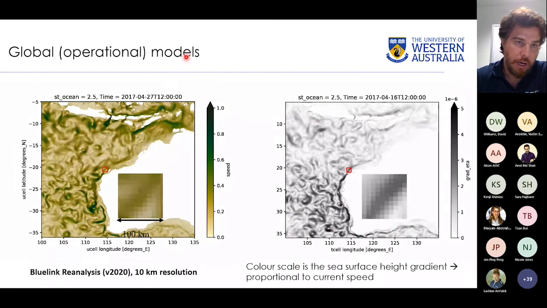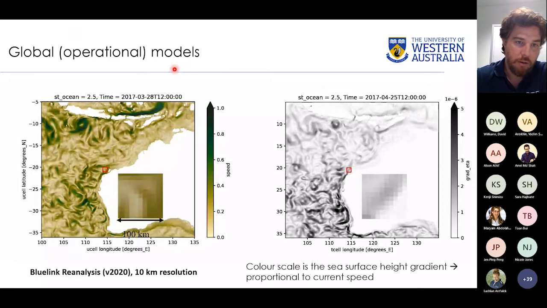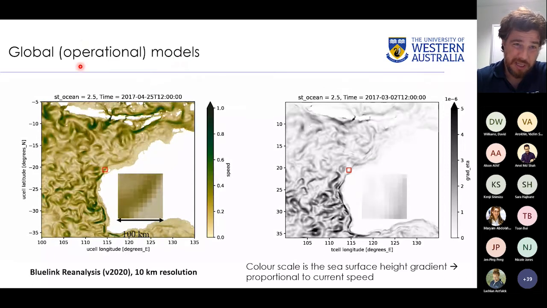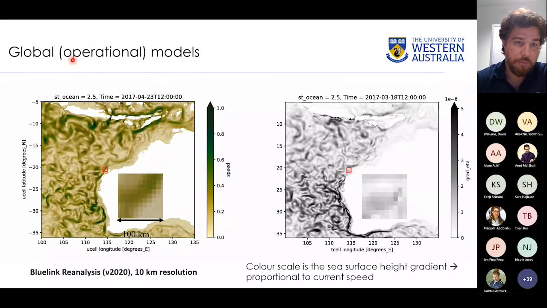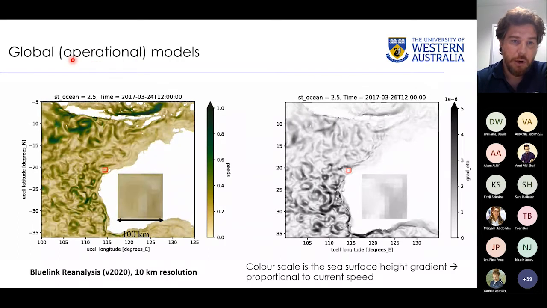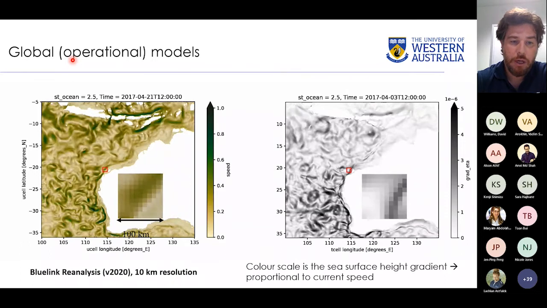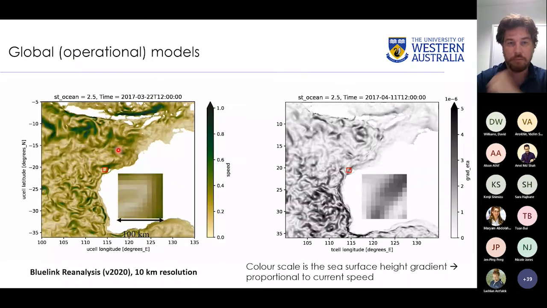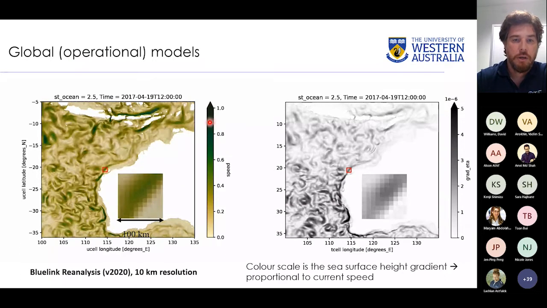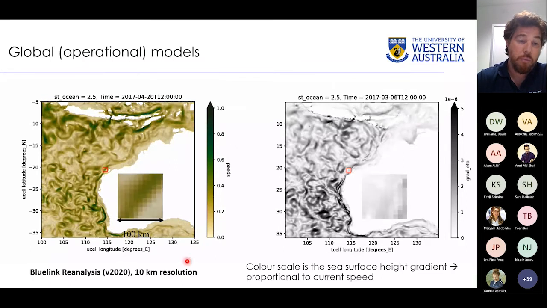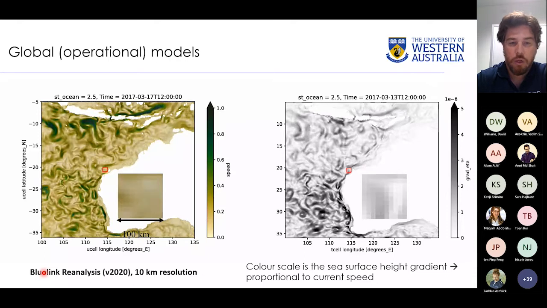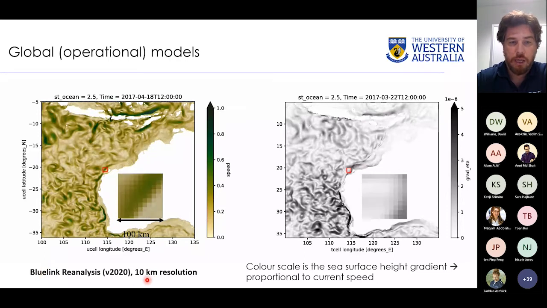The first are the global models, and these are operational models. These are used for actually forecasting what the ocean currents are doing into the future. What I'm showing on the left here are surface currents from the Bluelink model, and this has a resolution of 10 kilometres.